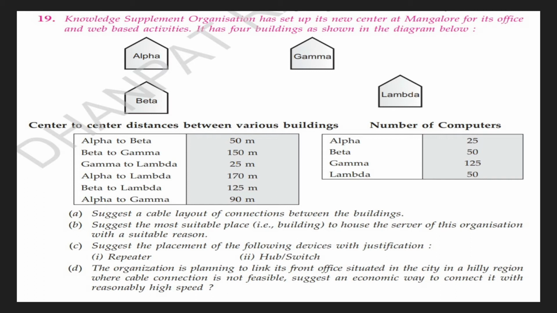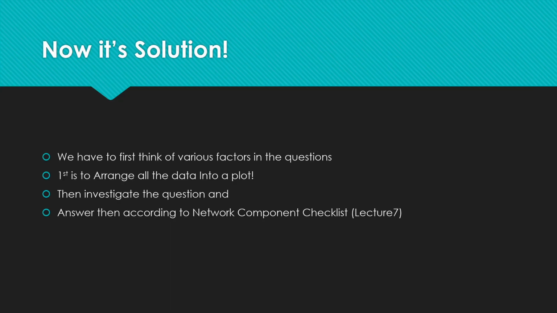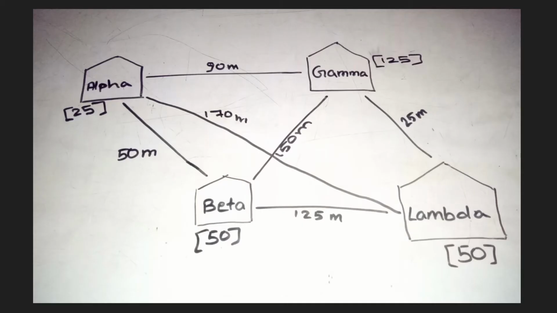First of all, while answering this, I would recommend that my way of solving this type of question is to sketch an outline of the available data. Look, same here. Now here it is. In this way, all the 4 buildings are here, all the distances are marked here, and in brackets the number of computers are also marked.